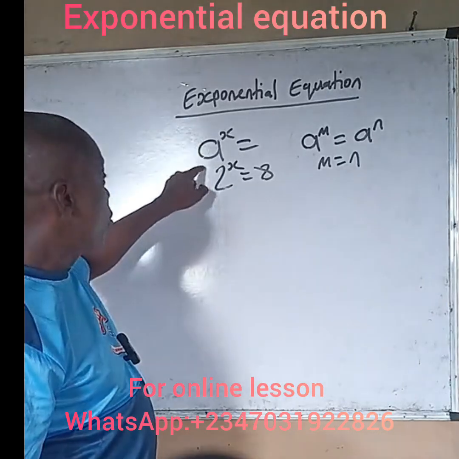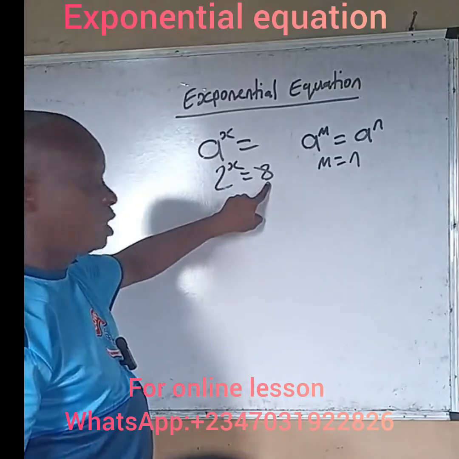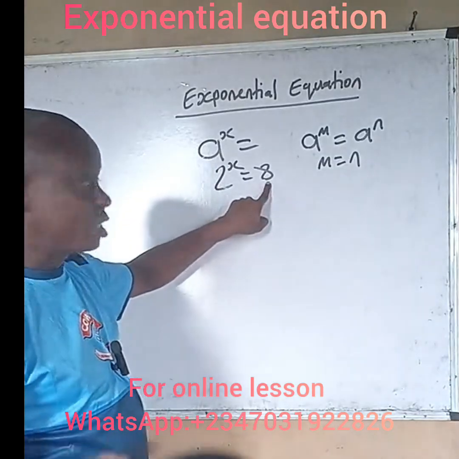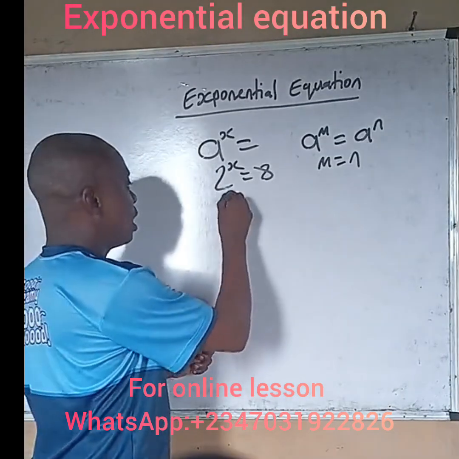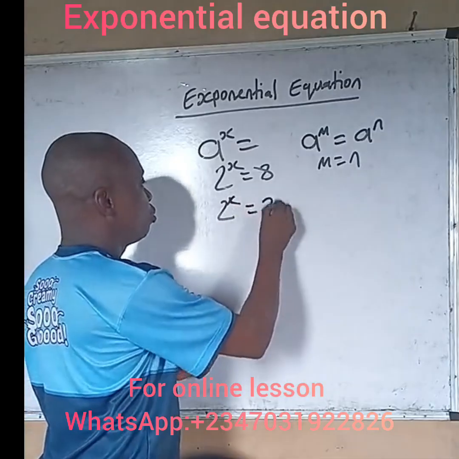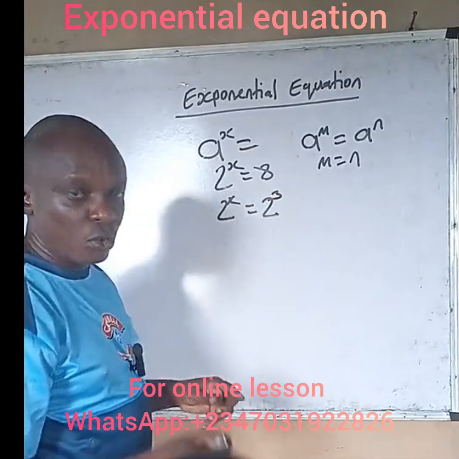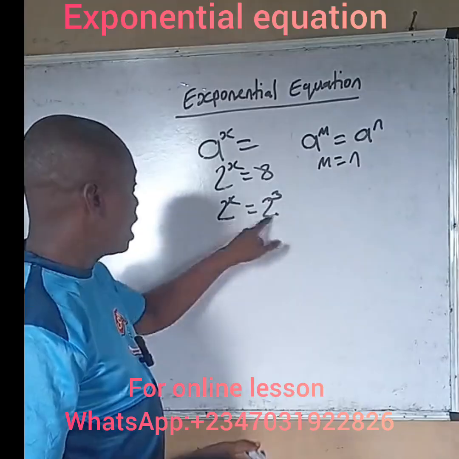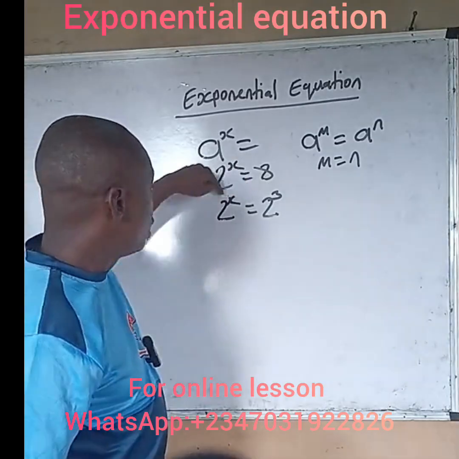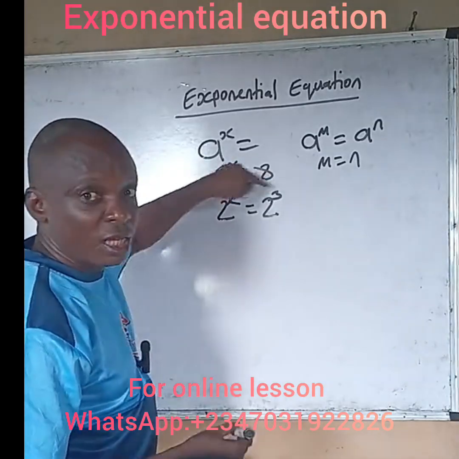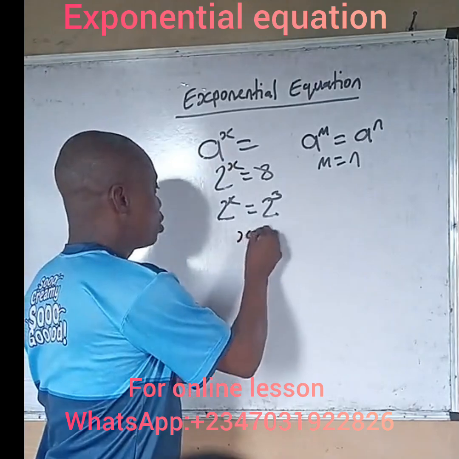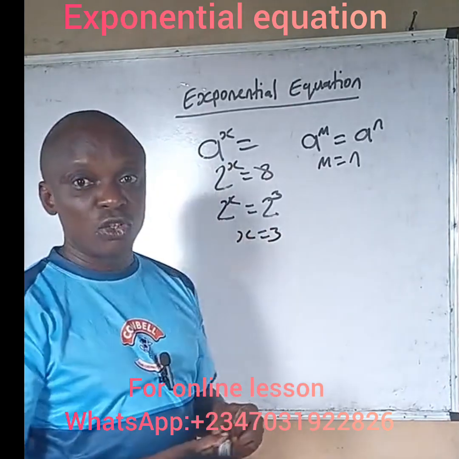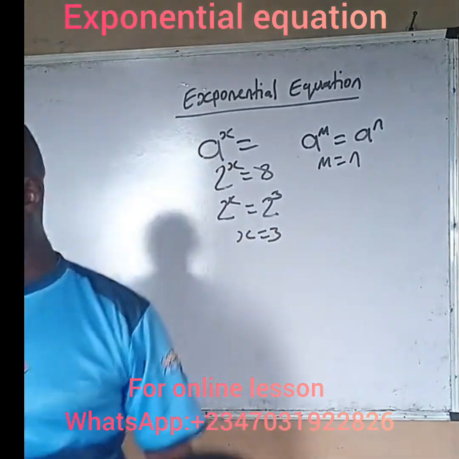Now, how many times will 2 multiply itself to give you 8? Yes, it is 3, which means this will be 2 raised to x equals 2 raised to 3. According to the first law, as long as the 2 bases are equal, you equate the powers, so x equals 3. That will be your answer. That is the first law of exponential equations.